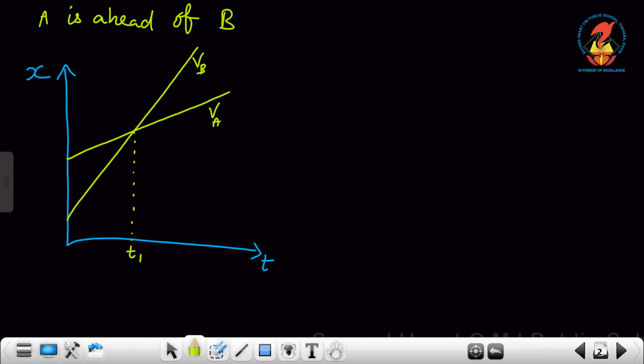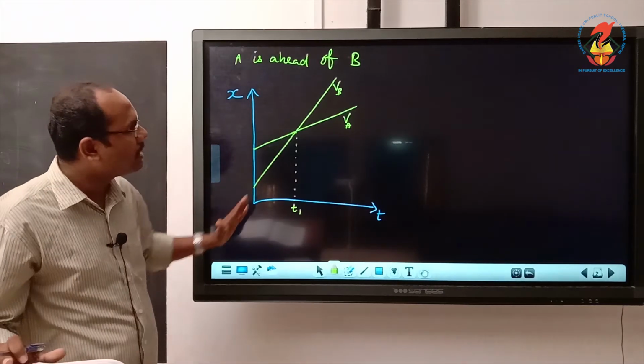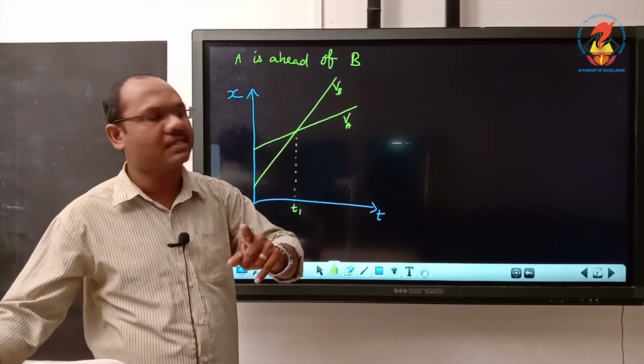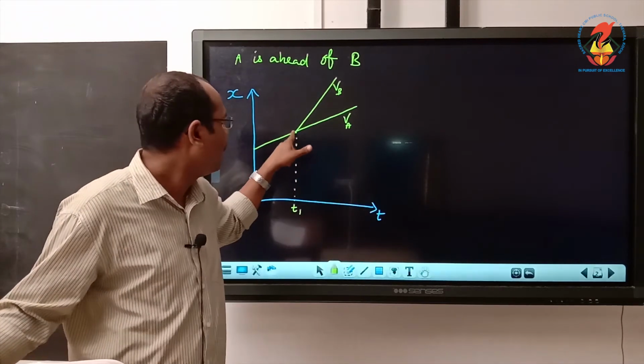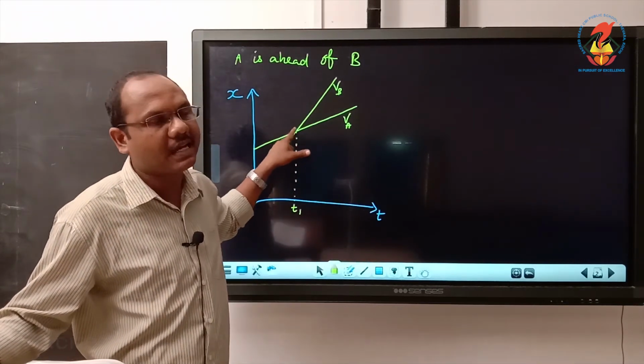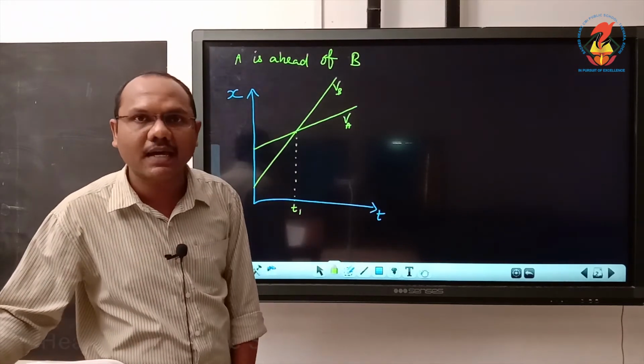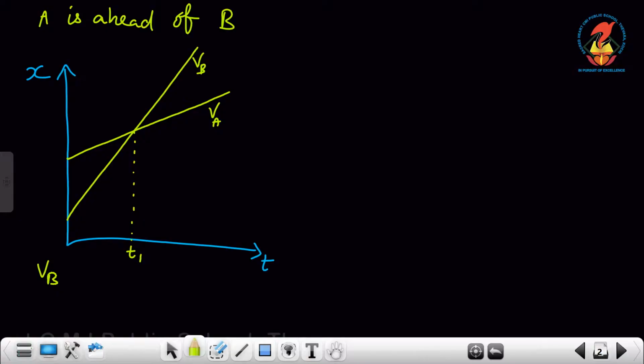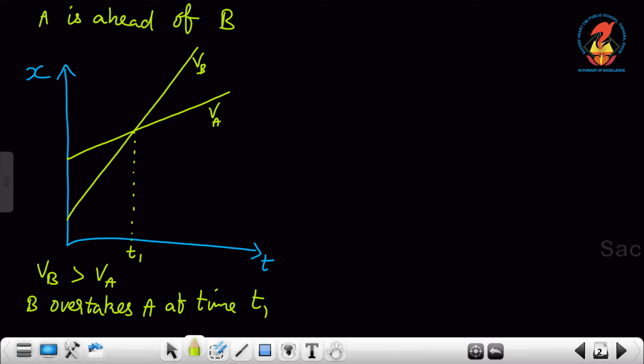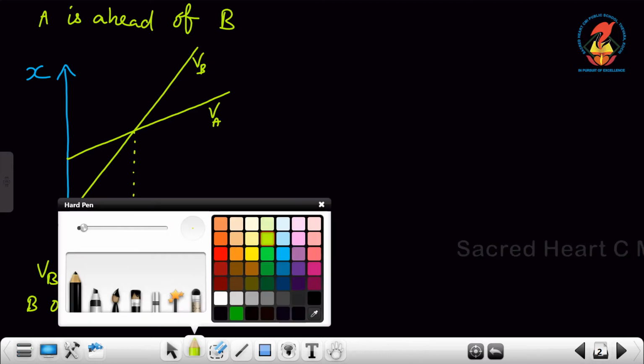A is ahead of B, B is coming behind A, but since B is moving with a greater speed, at the time T1, B overtakes A. So we can say VB greater than VA, B overtakes A at time T1.